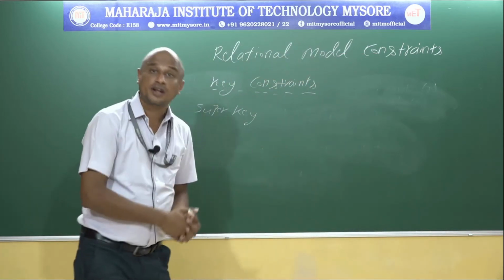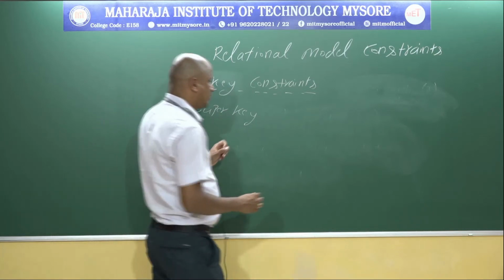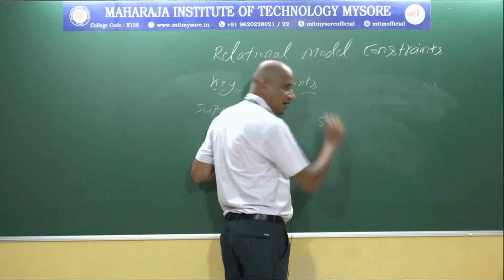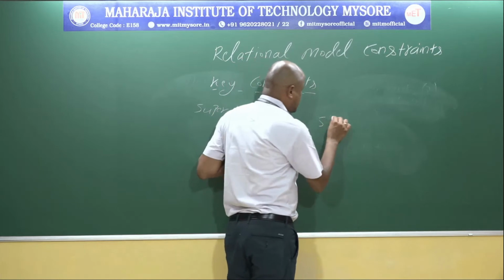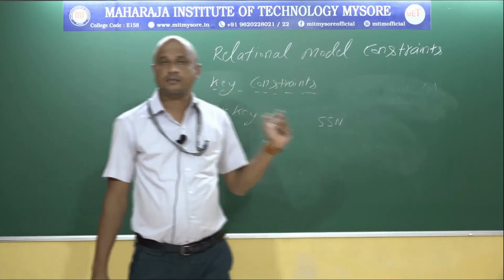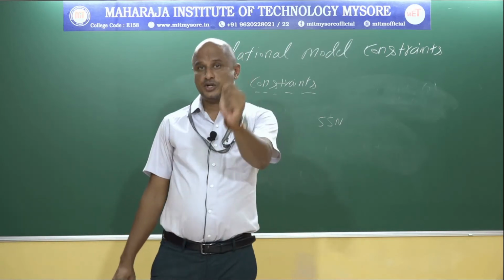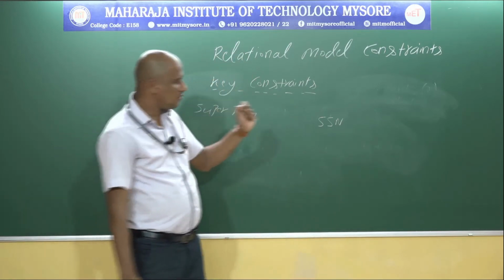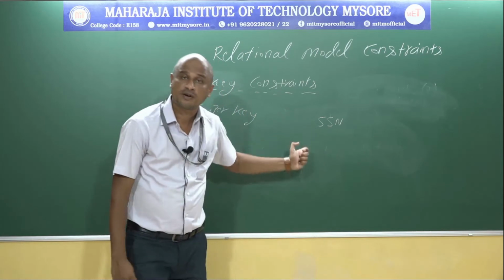It can uniquely identify. For example, in an employee database, I consider SSN a property of the employee table which uniquely identifies a tuple in a relation. SSN is the main property, a key that uniquely identifies a tuple.